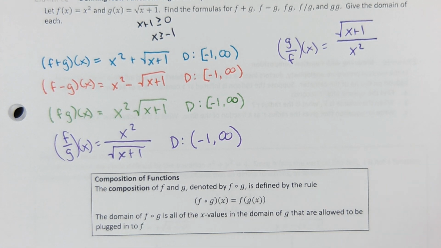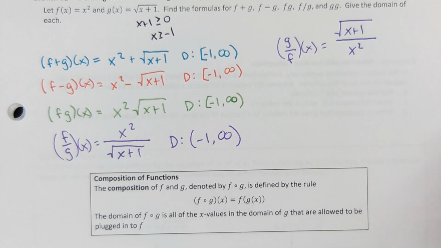The square root bar tells us that we can only use numbers from -1 to positive infinity. But the bottom of this fraction says, well, you can use anything you want, except for the number 0. We have a problem there, though, because 0 was part of this one's domain.